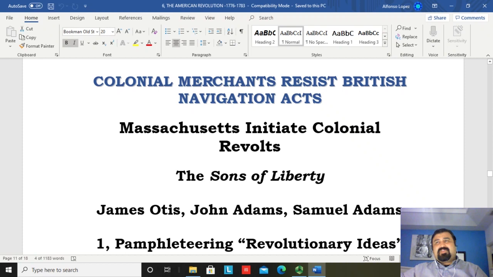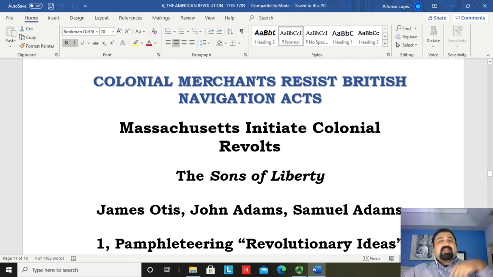And this is going to be more so in one colony. This is not to say that merchants outside of Massachusetts are not going to do the same, but in Massachusetts, the merchants from Massachusetts colony were the most active, the most organized, in other words.